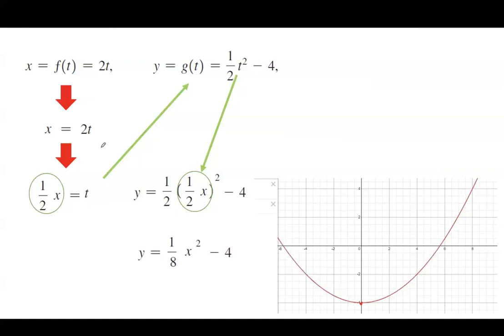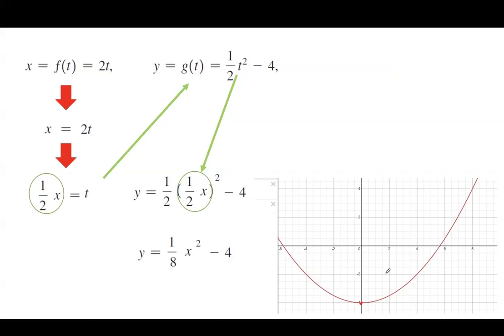And you can plug in different values for t. So when t is equal to 8, x is equal to 16, then you plug it into your y value and find the stopping point on the curve. So that's how you can eliminate t, or the parameter, and visualize the xy relation in the xy plane.